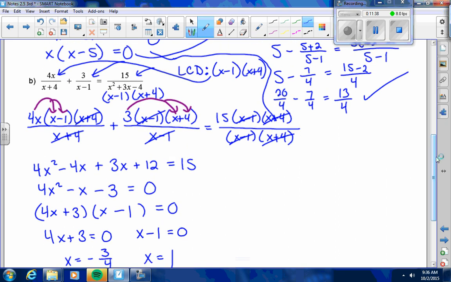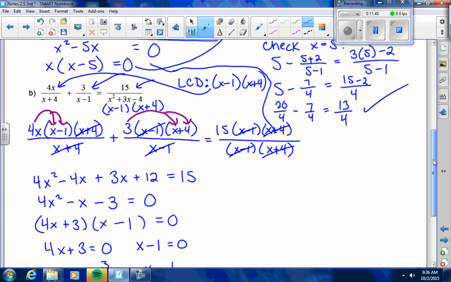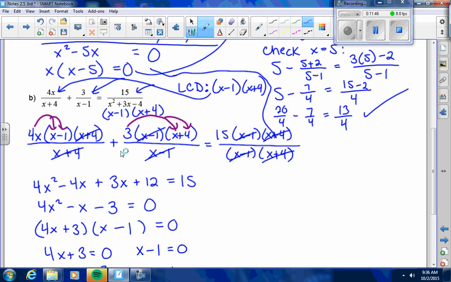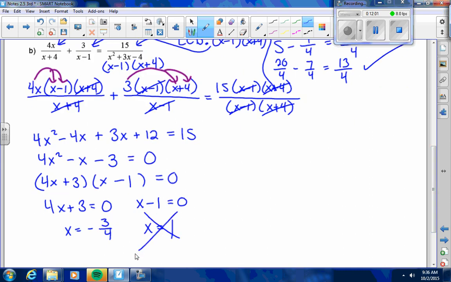Checking. Look at the x equals 1. What's going to happen when you plug in x equals 1? Oh, look at that. 1 minus 1 gives me 0 in that denominator. So is x equal 1 going to work? No, that's our extraneous solution.